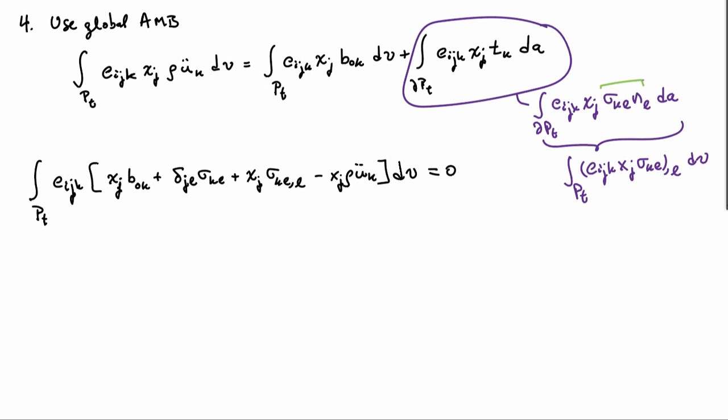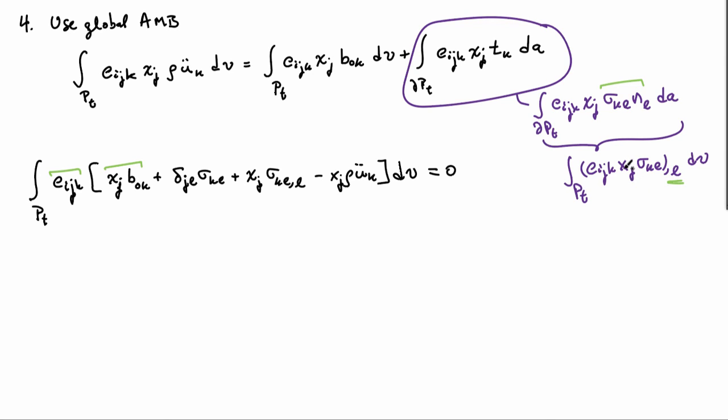And we can now pull all of the terms over to the right-hand side. Every term has an Eijk, so I'll pull that out. So we'll have the body force term here, xj b naught k. And then I need to take this derivative here, this comma l on this term.